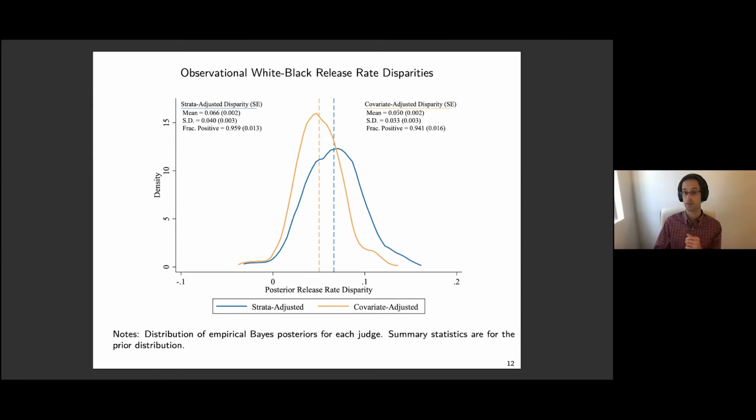The mean is still around 5 percentage points, and it's still positive for almost every judge in the sample. These covariates are things like: do you have prior arrests? What's the charge you're being charged with? What's your age? So this is evidence of potentially substantial disparities, and they're pervasive across every judge in the system.